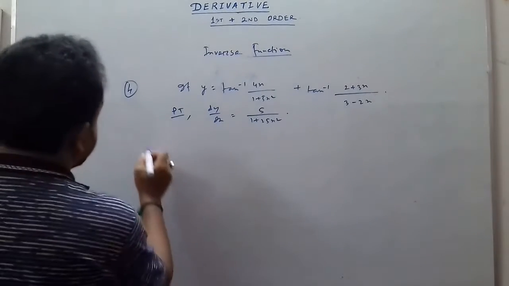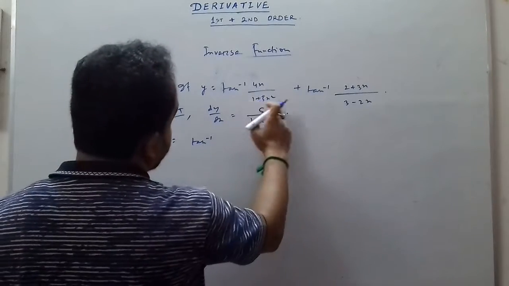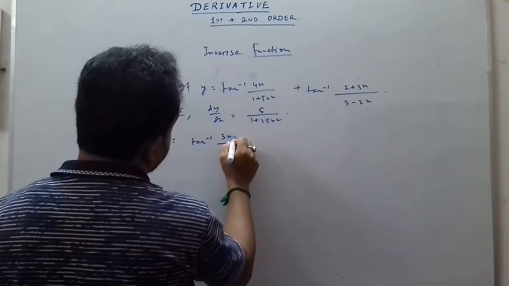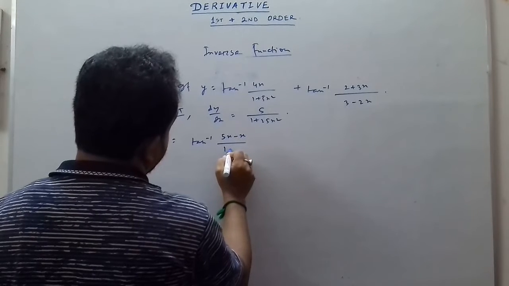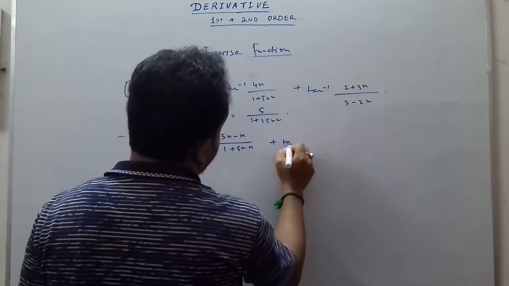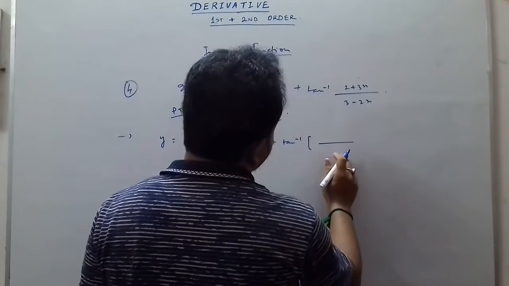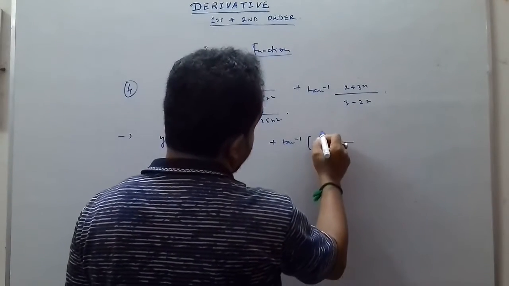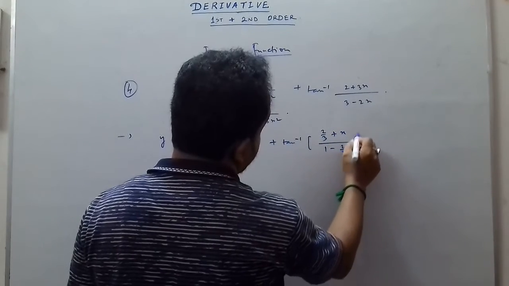Okay, first we start. y is equal to tan inverse 4x by 1 plus 5x square, which can be written as 5x minus x divided by 1 plus 5x into x, plus tan inverse, and we can write this, dividing both numerator and denominator by 3, as 2 by 3 plus x over 1 minus 2 by 3 into x.